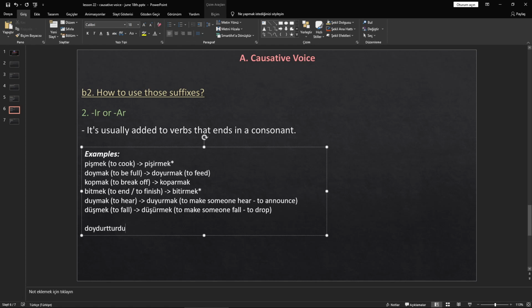Or durdurturdu. Is it grammatical? Most of the time we don't go beyond two causatives. If you take a look at the grammar, it's actually grammatical. It's not wrong. What's wrong is it's redundant. It's not needed.